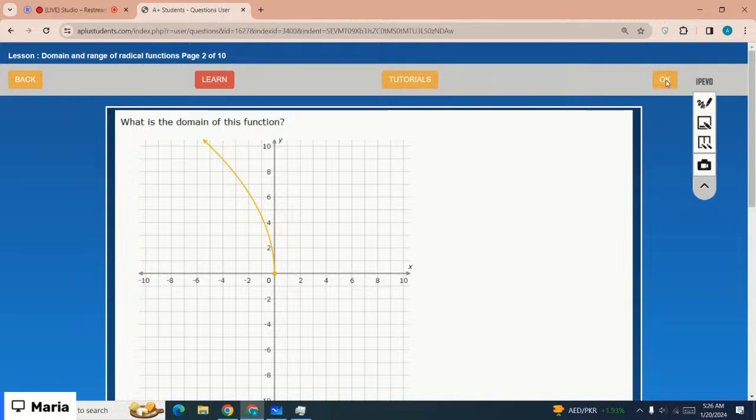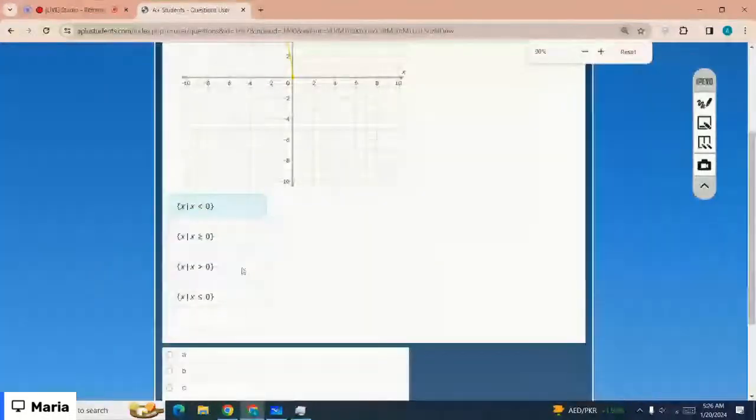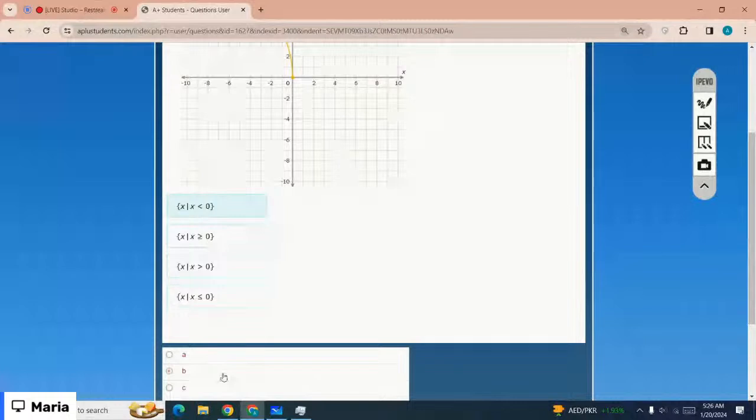Domain is all the x values, right? The graph is starting from the origin, and all the x values are negative. So that would be x is greater than or equal to 0. Option number 2 is the correct option. X such that x is greater than or equal to 0.